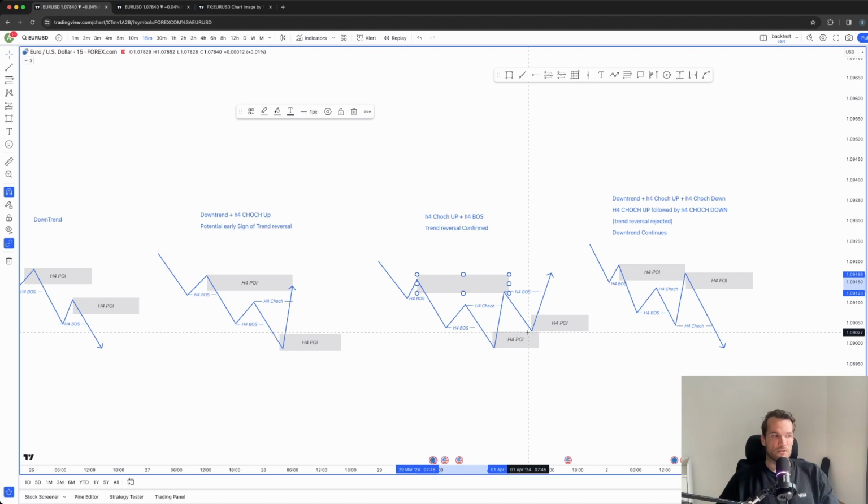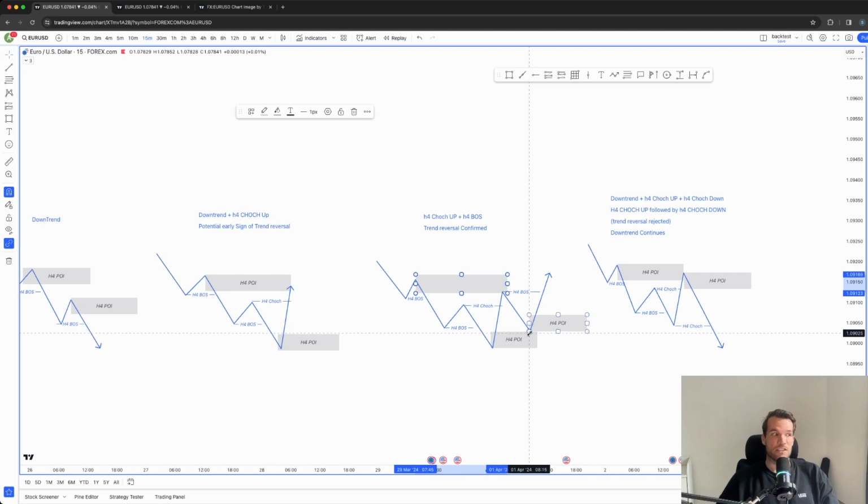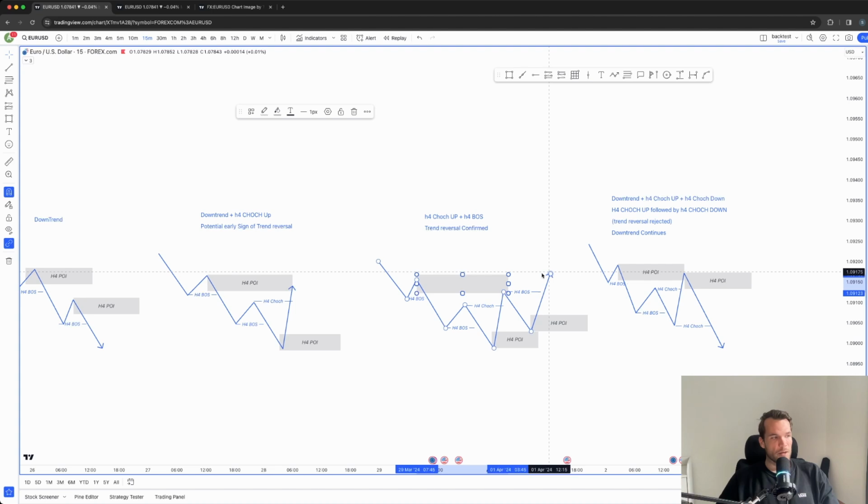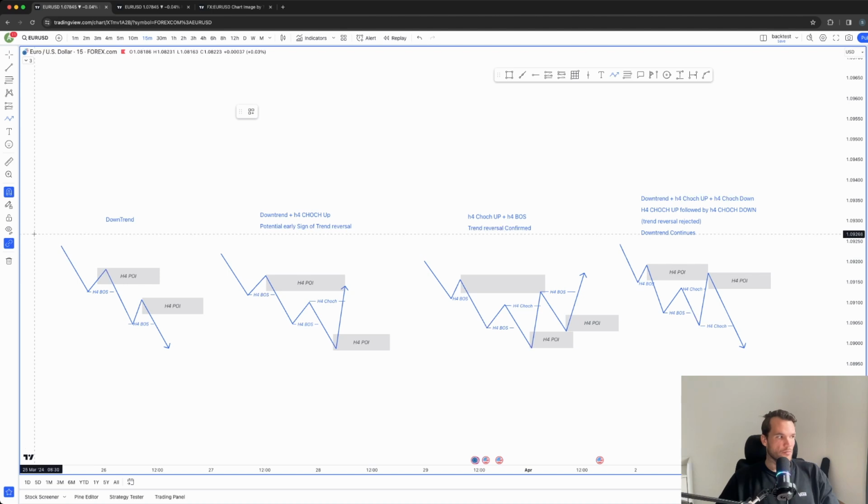We're looking for our entries on the smaller time frame, the M15, to get nice big RR, nice sniper entries, and we're riding that up in anticipation of a trend change here to get a new BOS. After this, we just switch into an uptrend and we're anticipating the trend continuing and trading it as such.